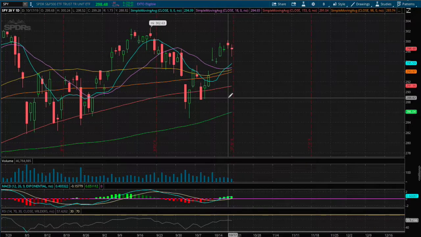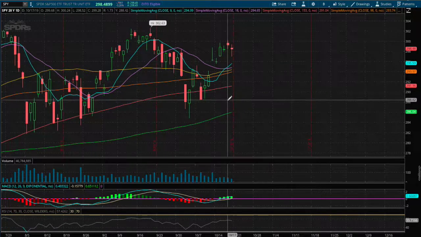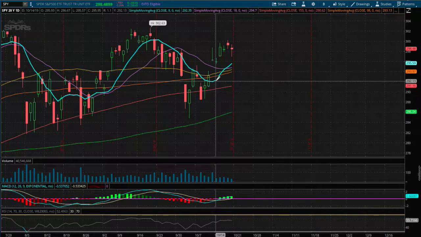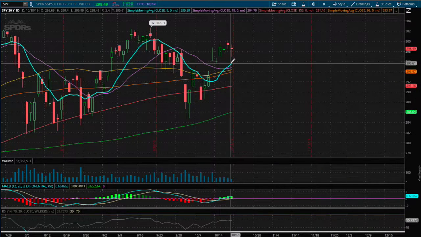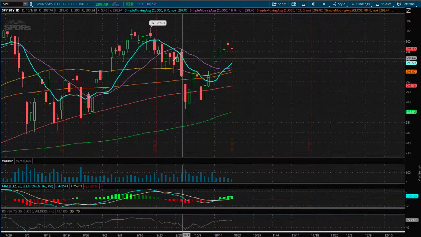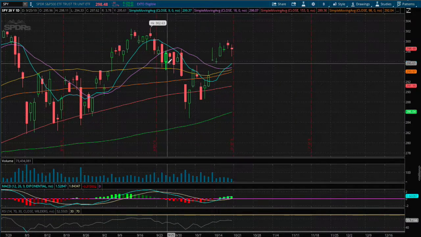So if we were to head down lower, I do see a possible support at the 9-day moving average, which is around $295.60, or this 9-day moving average line, and I'll mark that as our immediate support.